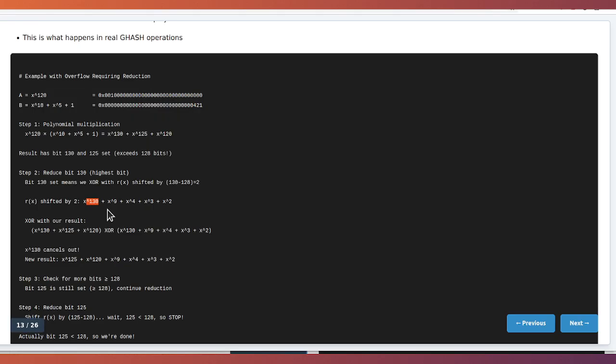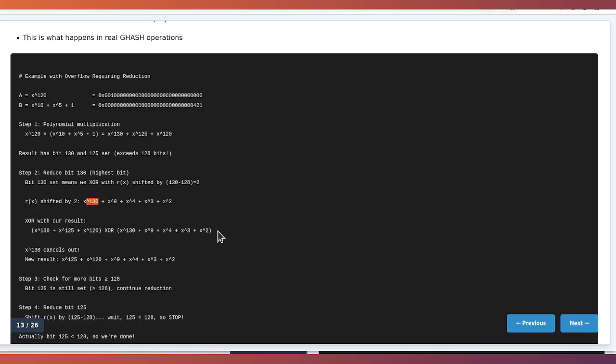The reduction polynomial is x to the 128th plus x to the 7th plus x squared plus x plus 1. Shifting this left by 2 positions gives us x to the 130th plus x to the 9th plus x to the 4th plus x cubed plus x squared. Now we XOR our current result with this shifted polynomial.